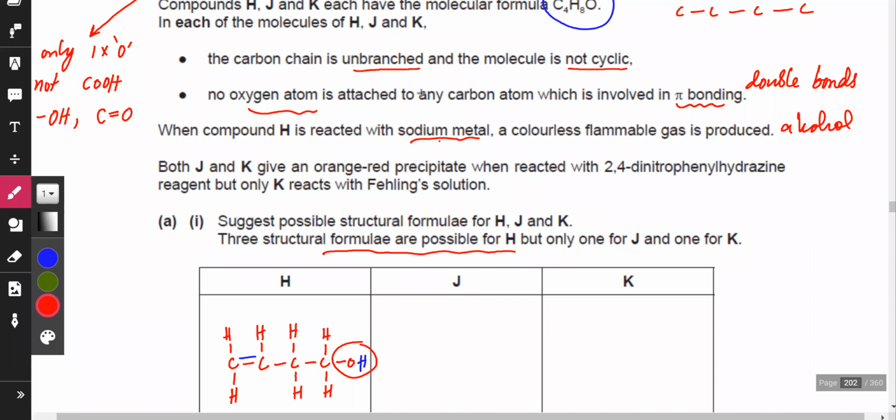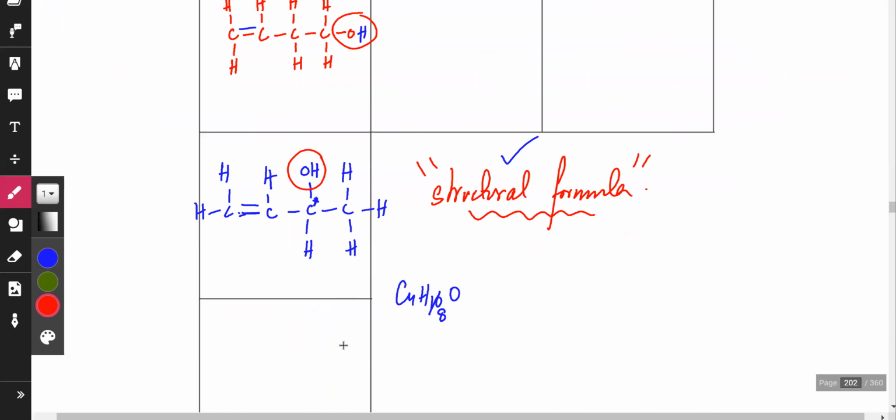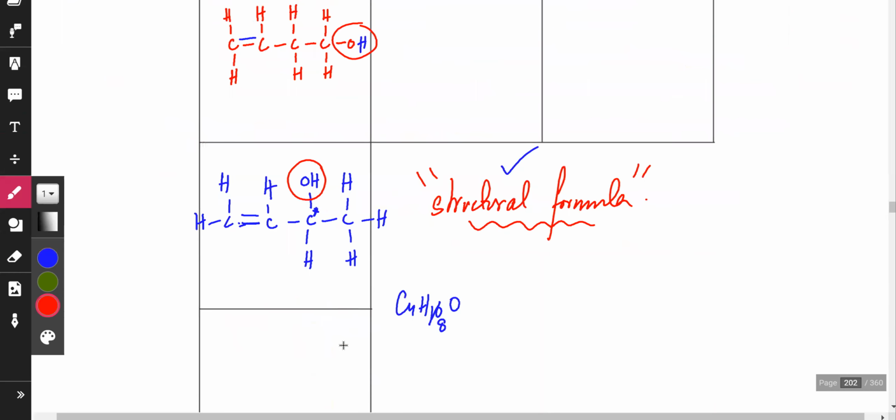It should not be attached to any carbon atom which is involved in pi bonding or which is forming a double bond. So the third possible structure could be that the double bond is in the middle and the OH is at the end. So that could possibly be a third one.